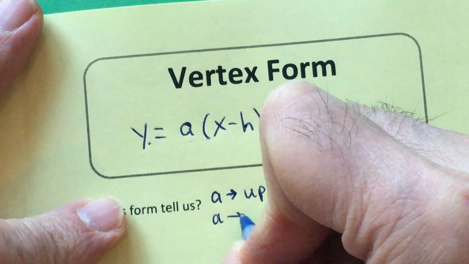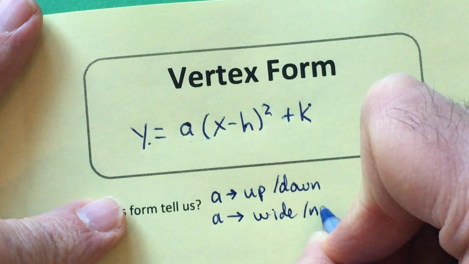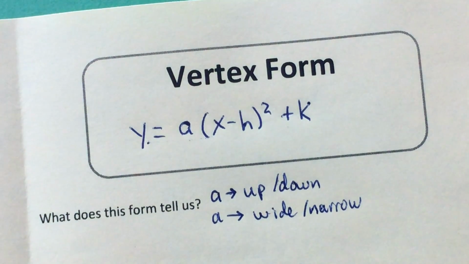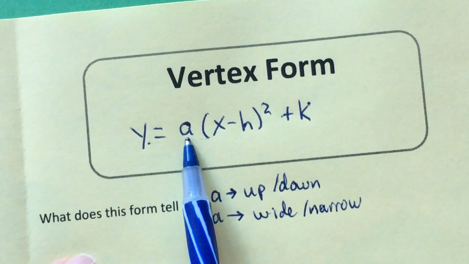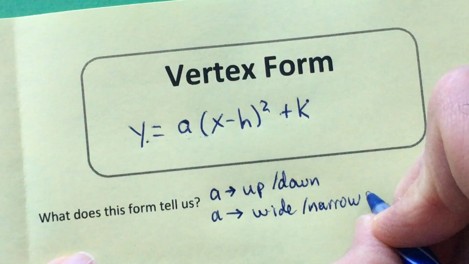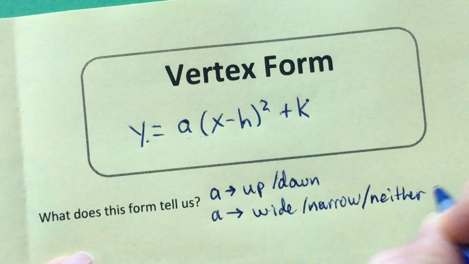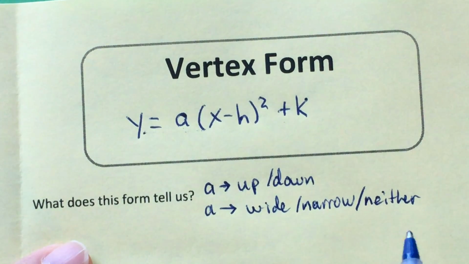A also tells us if it's wide or narrow. So whatever number is right here, if it's a positive 1, it's up, and it's going to be wide, narrow, or neither.